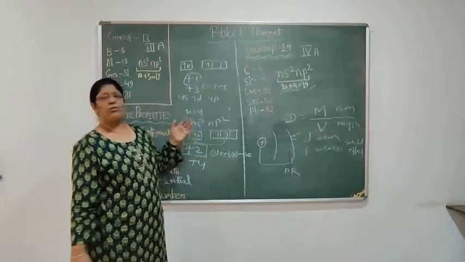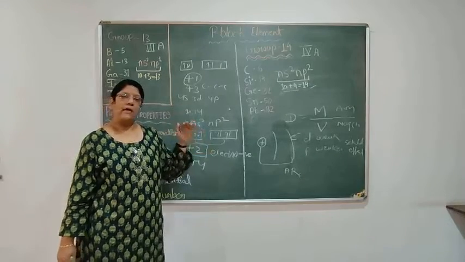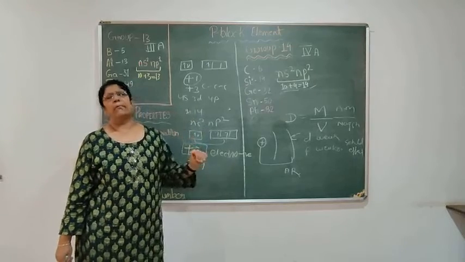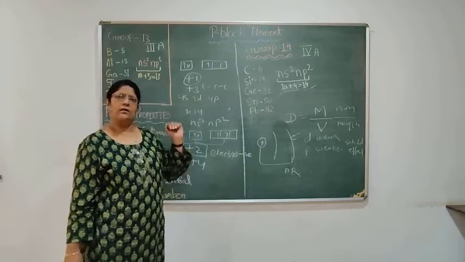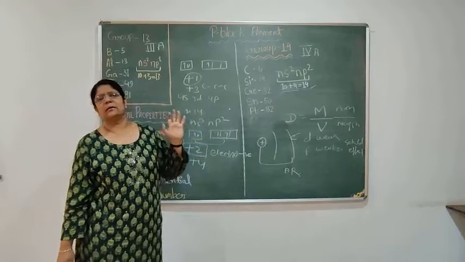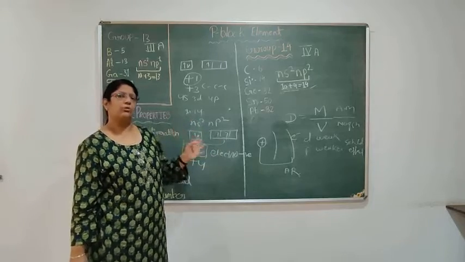Now we will talk about allotropy. Allotropes are those elements having the same chemical properties but different physical properties. Those elements are known as allotropes and the phenomenon is known as allotropy.